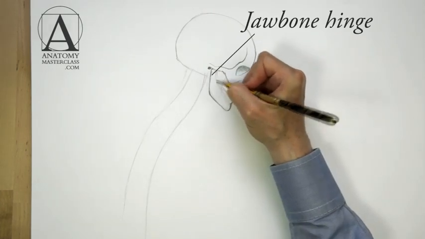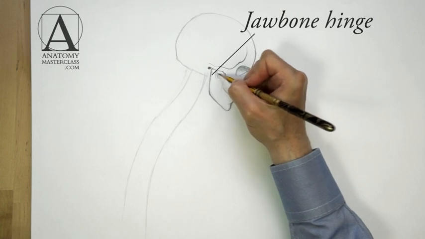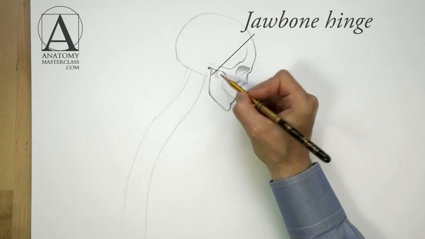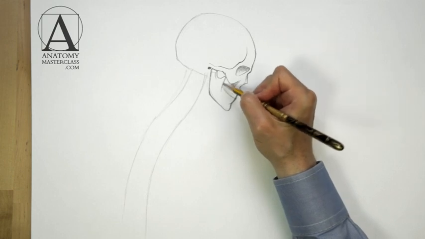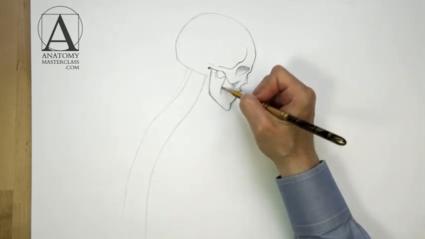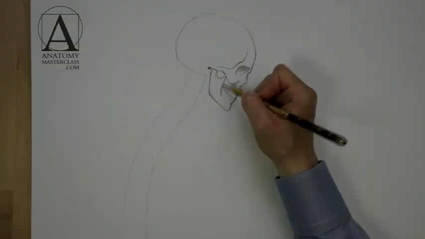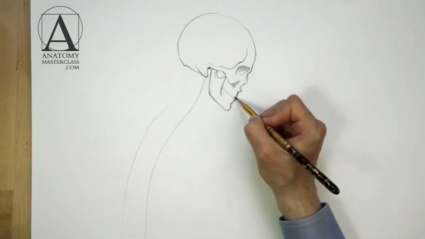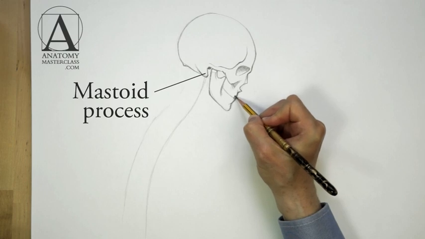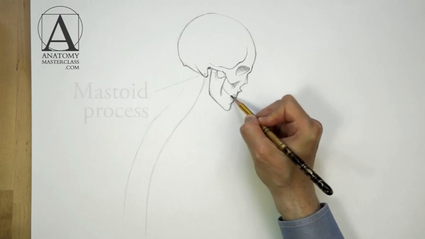The hinge of the lower jaw is located just in front of the air channel underneath the cheekbone arch. Right behind the air channel, there is the bony process on the base of the skull. This is the place where the neck muscles attach to the skull.